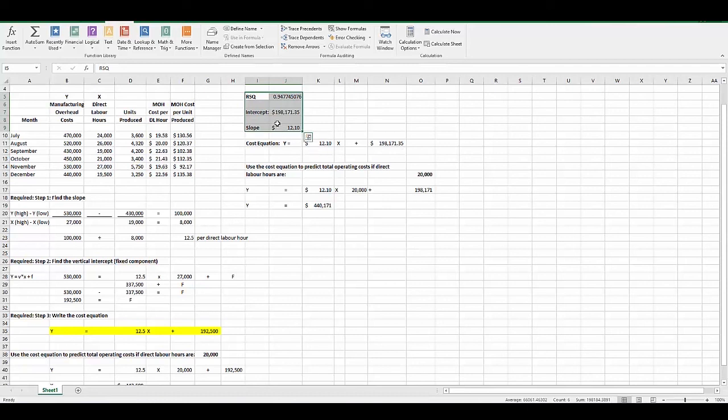So you just have to know how to interpret the information that you're given, and oftentimes you will be asked maybe a part 2 or part 3 question in a problem, which would ask you to comment on what the R-square means, for example. So that concludes our demonstration of the high-low and regression analysis methods.